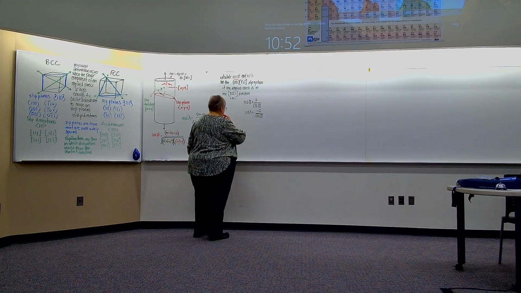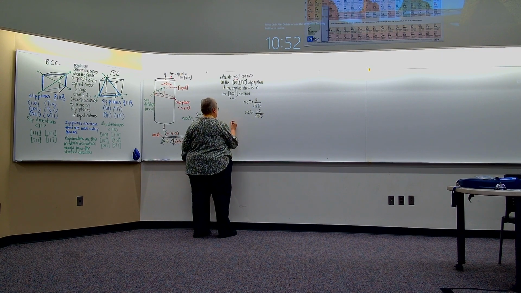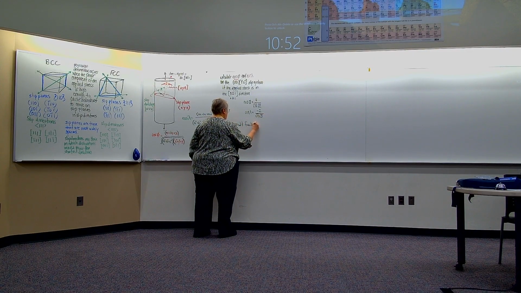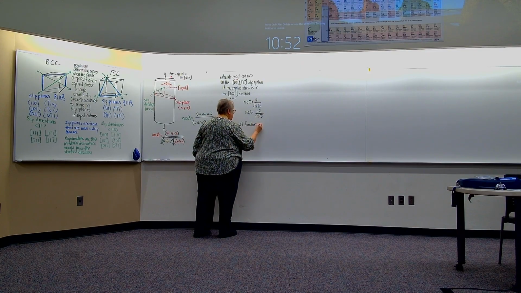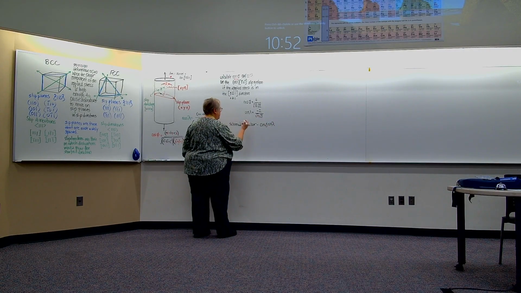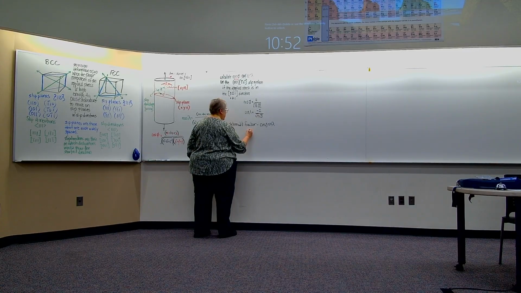Now, there's this number that's called the Schmid factor. And it's equal to cosine phi times cosine lambda. So in this case, it would be negative 8 over 14 square root 6.